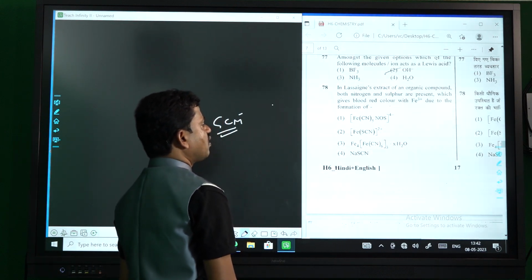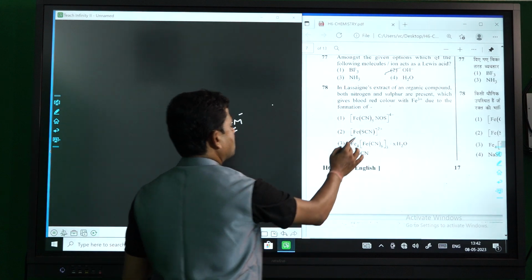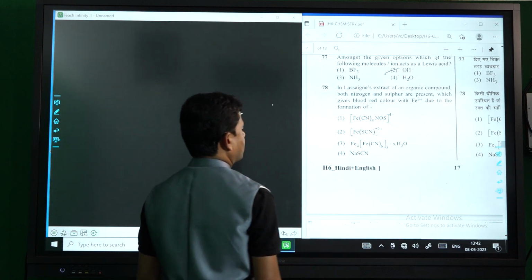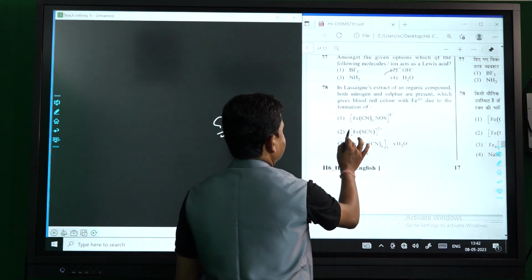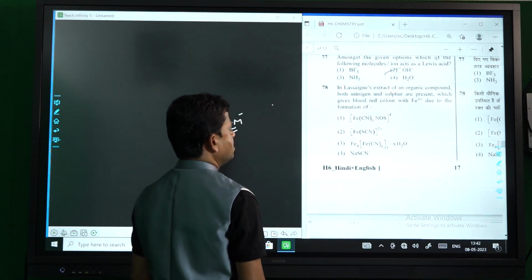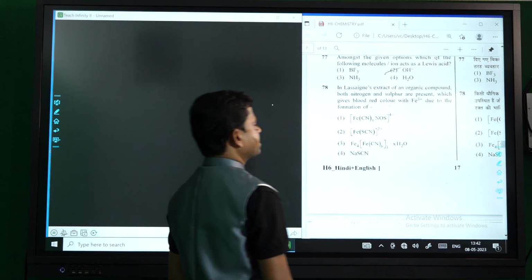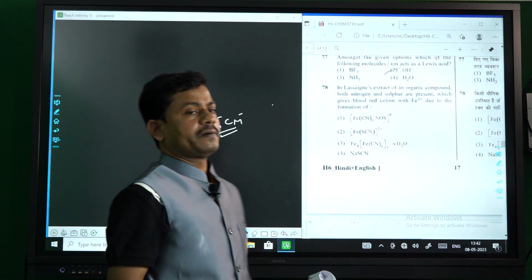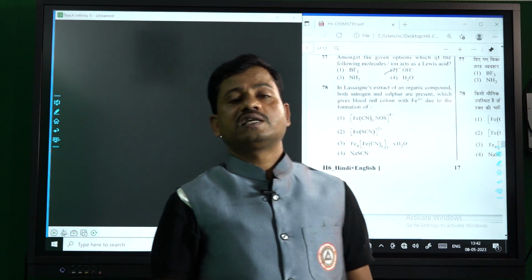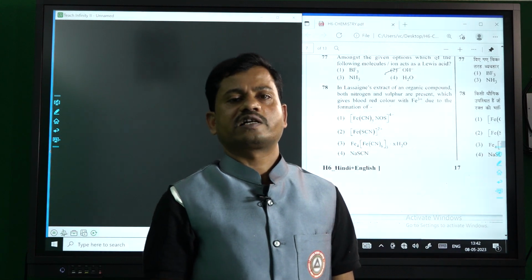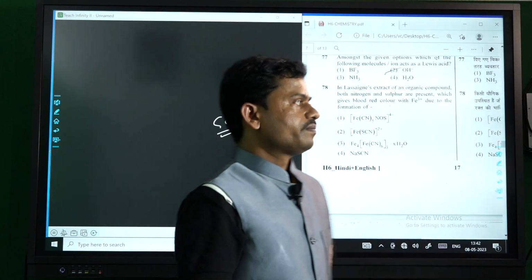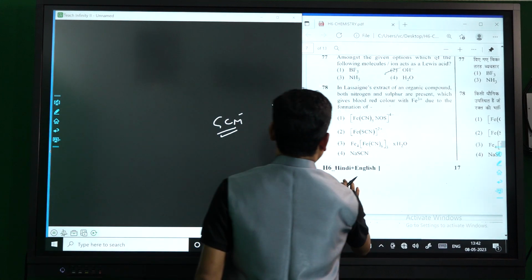So in option 2 it is Fe(SCN)2+, and also in option 4, but option 4 is incorrect because Fe exhibits +3 oxidation state. So option 2 is correct, and that question comes from the principle of estimation of molecular mass of organic compound in your 11th class organic.